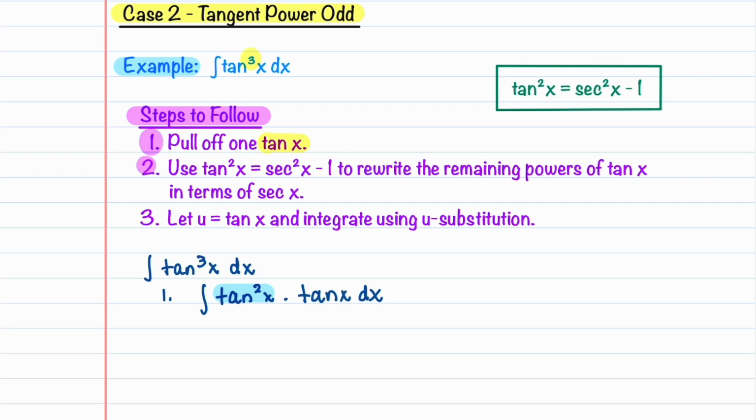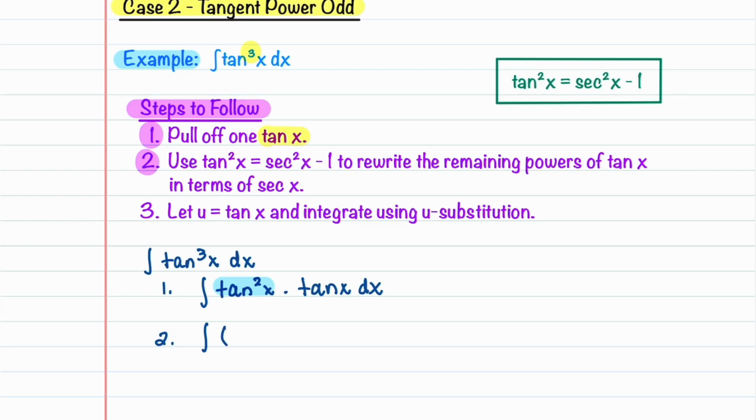I wrote that up here in step 2, and that's what we're going to do now. We are going to take the tangent squared that I have highlighted in blue and rewrite it as secant squared x minus 1 times tangent x dx.